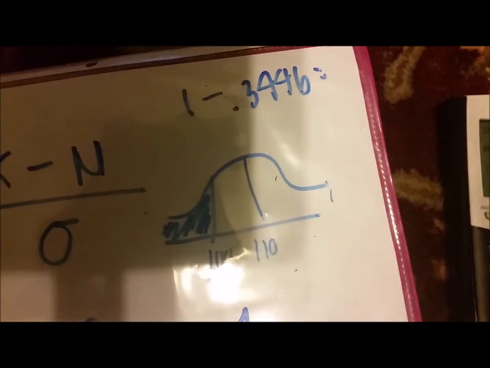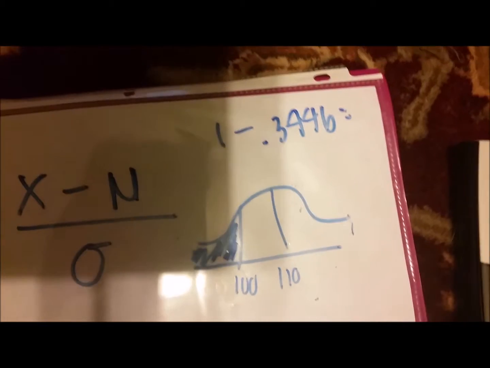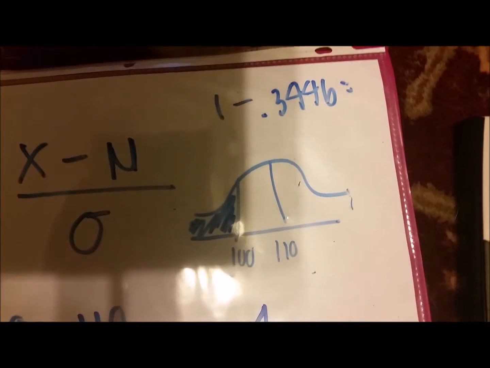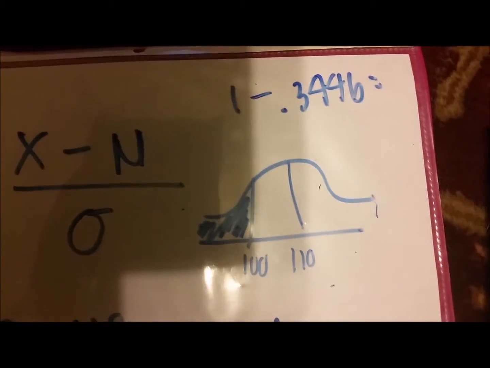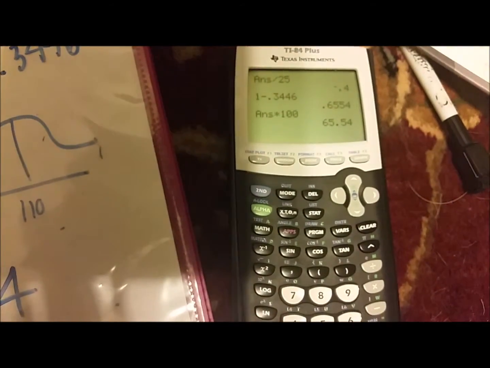Now that number, we want to turn it into a percentage, since question A was asking for what percent of people have IQ scores above. So in order to do that, we'll multiply this 0.6554 by 100 to make it into a percent, and you get 65.54 for your final answer for A.